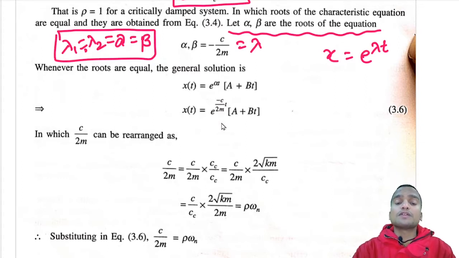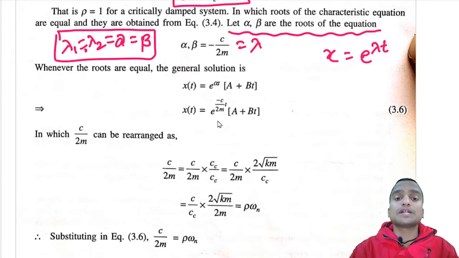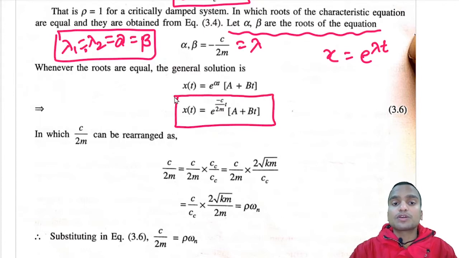If we put alpha equal to minus c by 2m, then x of t will be equal to e to the power minus c by 2m into t, into a plus bt. This a plus bt is multiplied so that the curve becomes real in all situations.